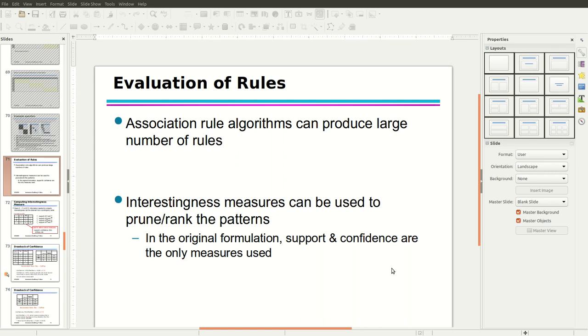But I'll show you the case. If we look at the 100 transactions, we have 90 people that got coffee already. So 90% of those transactions already include coffee, so it's already likely that coffee will be there.